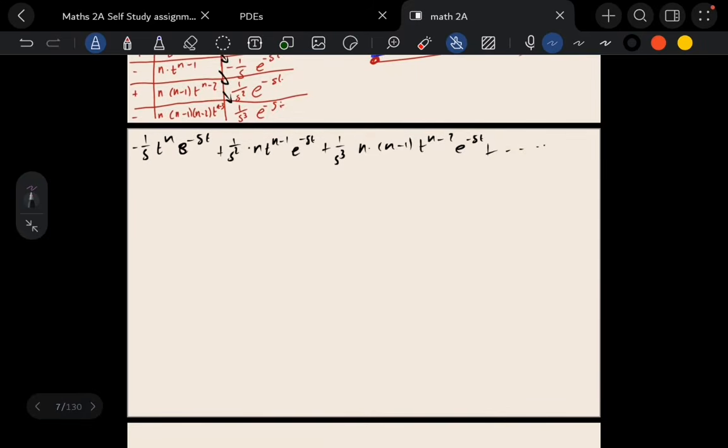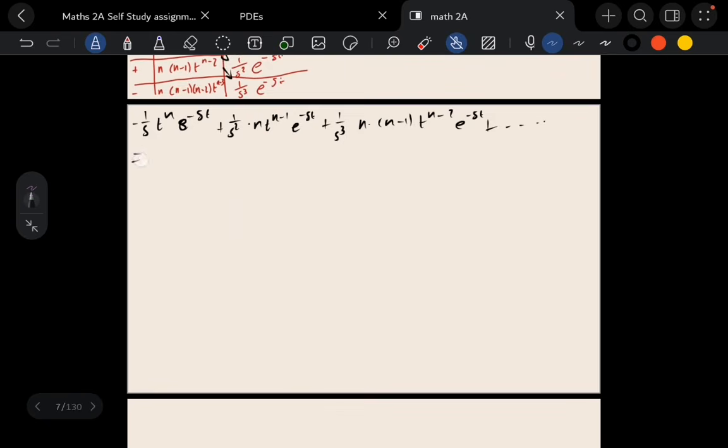So what goes on really is that you are going to have something like n times s times n minus 1 times s times n minus 2 times s times n minus 3 times s times, and so on.